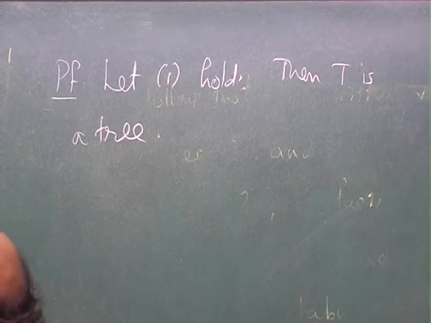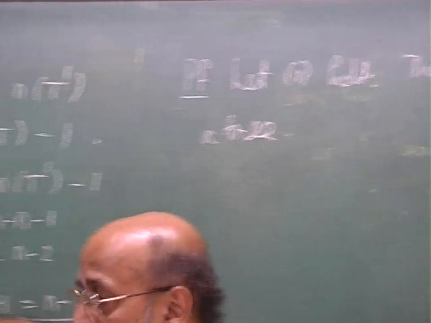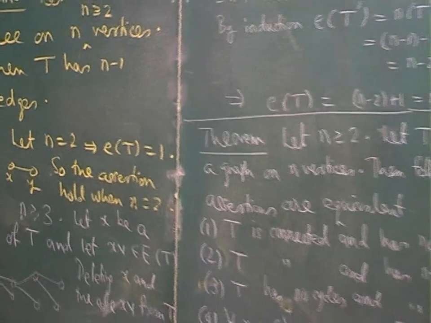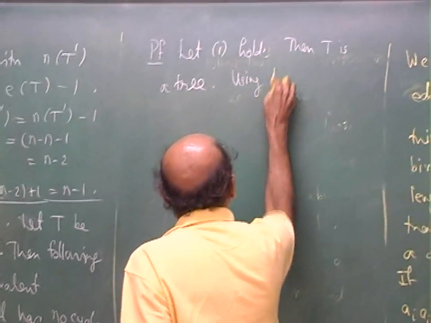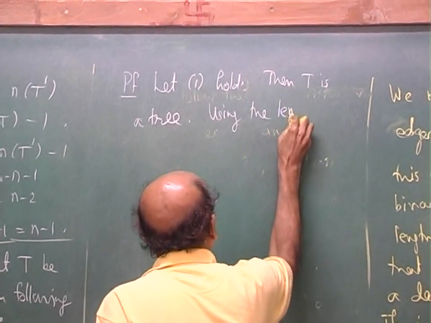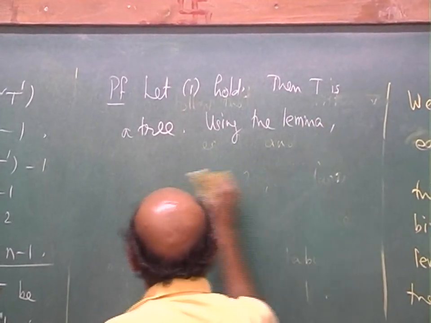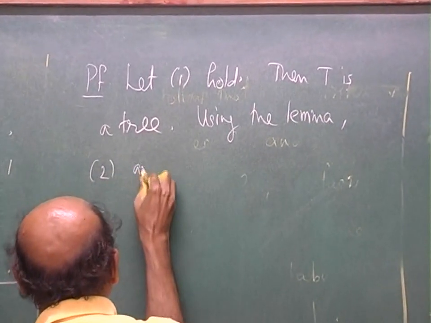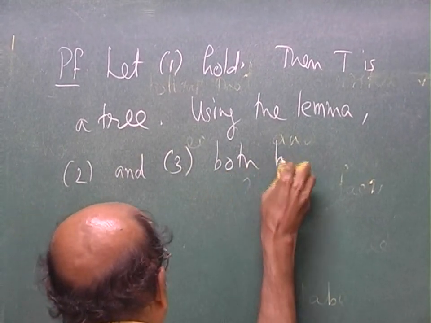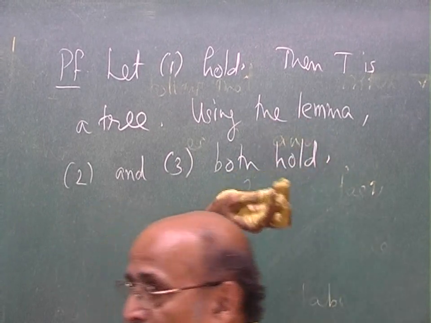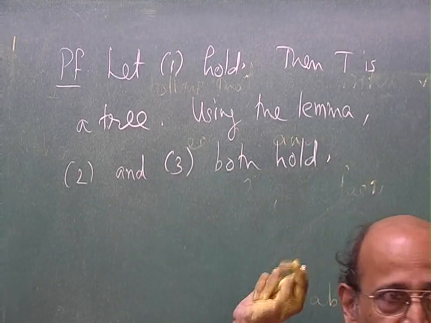That lemma there says that T has n-1 edges. Therefore 1 implies 2 and 3, using the lemma.